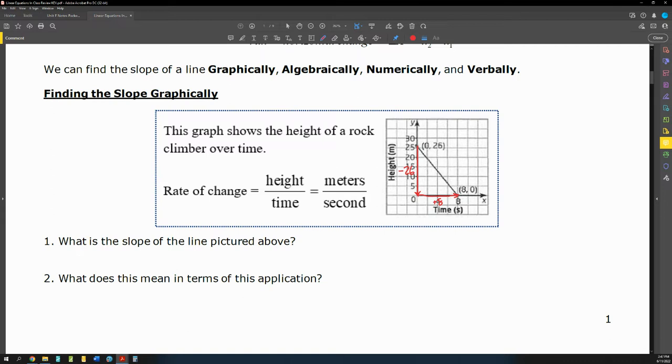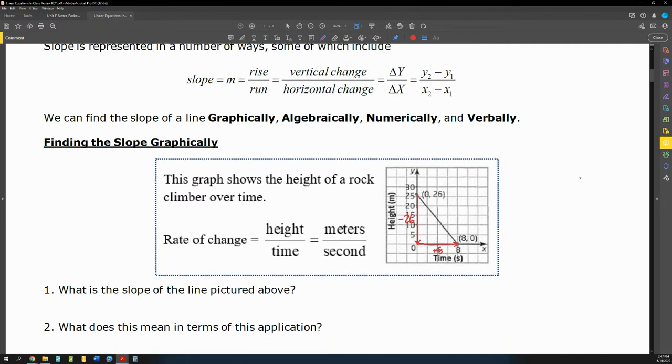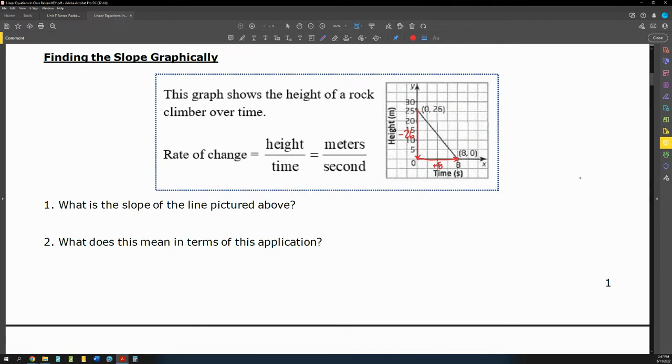So if we know that the slope is rise over run, or vertical change over horizontal change, delta y over delta x, well, the vertical change is down 26 or negative 26, and the horizontal change is positive 8. So our delta y over delta x, our slope, is equal to negative 26 eighths, or reducing that fraction, we get negative 13 fourths.